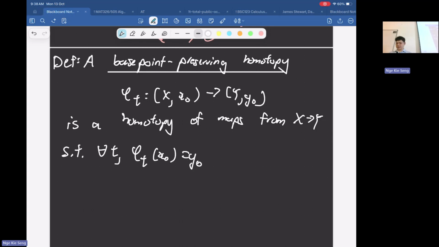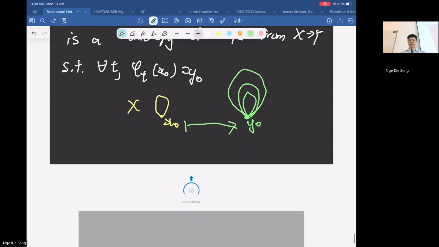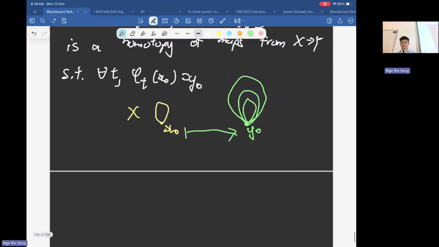So it's like, if you have a loop on X naught here, on the space X, we can shift between spaces now. So this is Y naught. But every time you send, X naught must always go to Y naught only. Others we don't really care about first, as long as it's continuous.